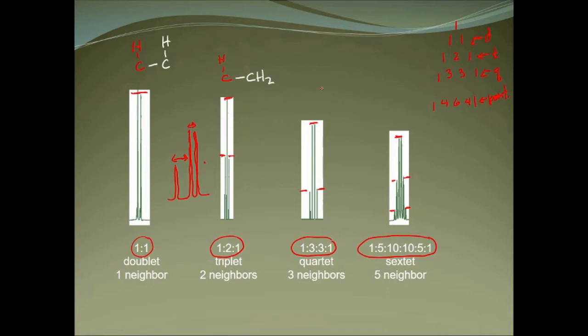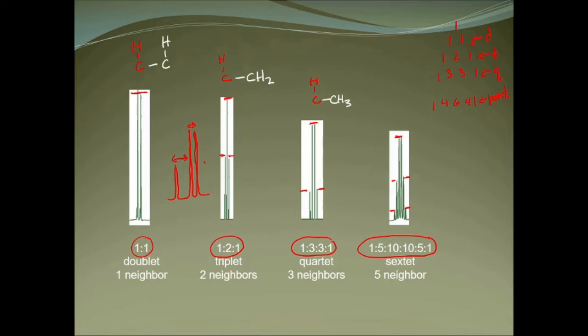A quartet, again, we have our CH, the peak that we're actually looking at, or the hydrogen that's giving rise to that peak. And quartet means three neighbors. Most commonly, this is a CH3.